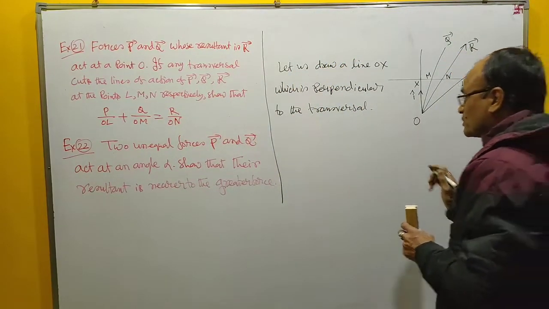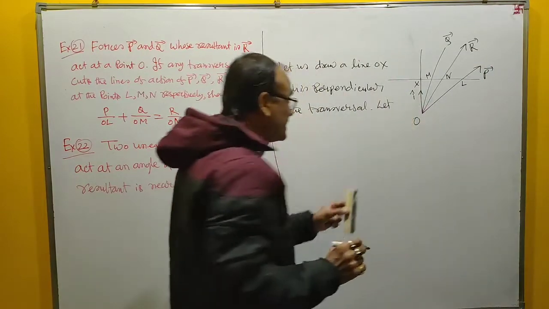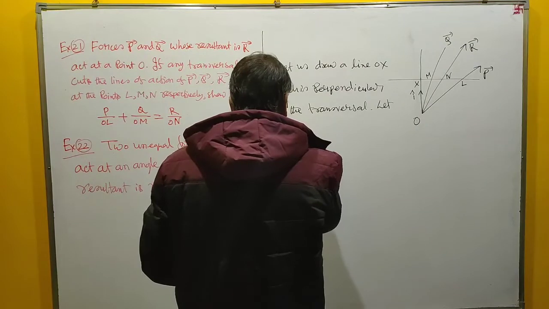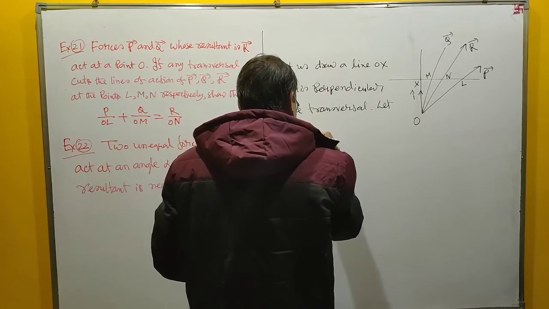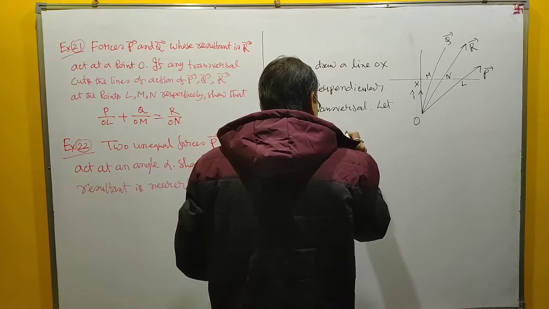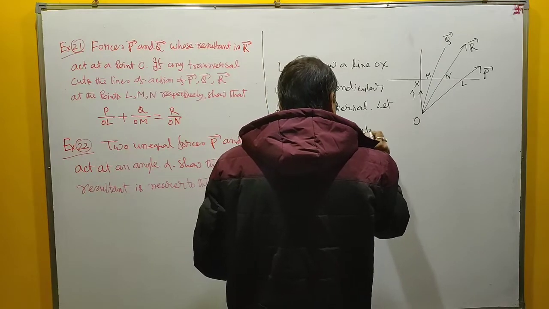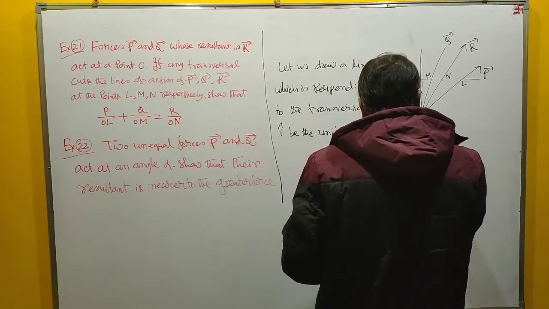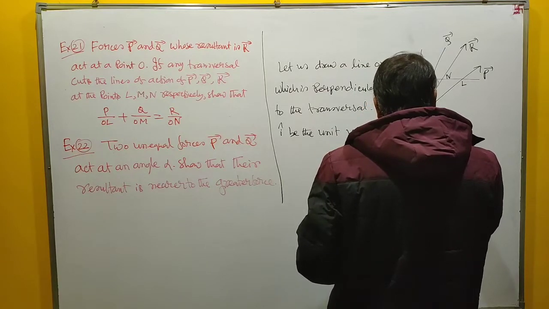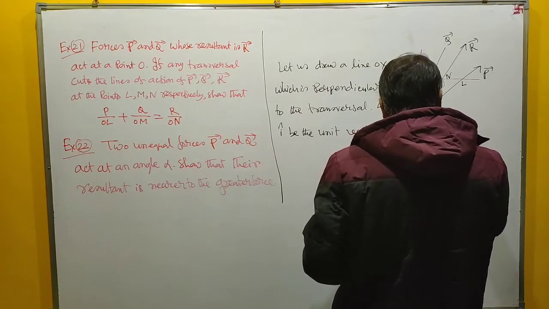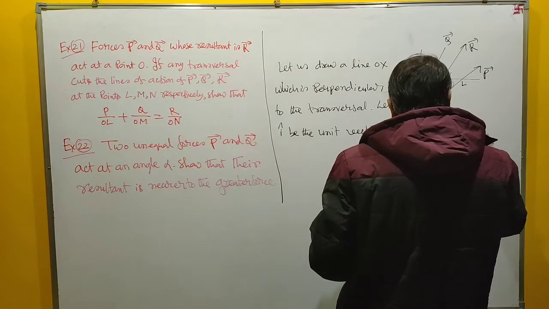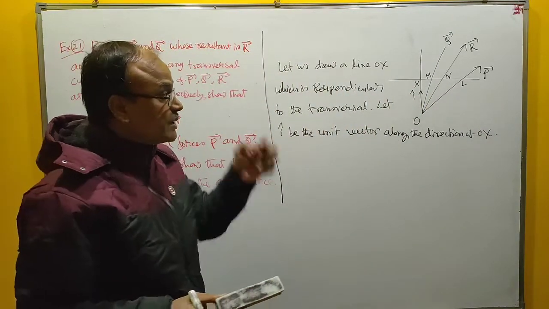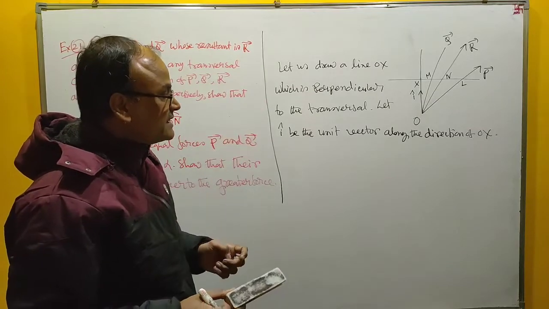Let i cap be the unit vector along the direction of OX. I cap is the unit vector along the direction of OX.